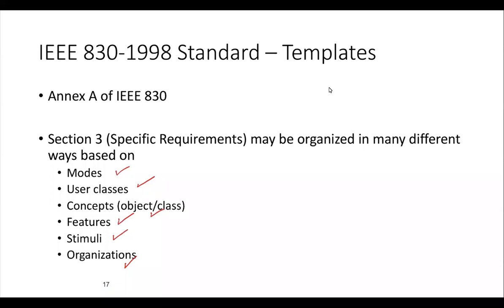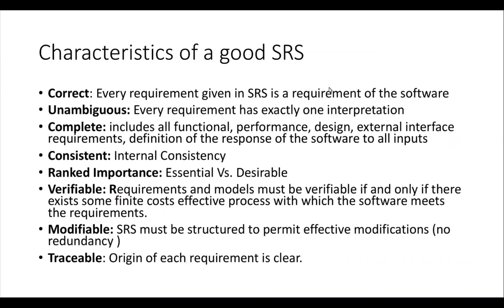After you have all the information in the SRS, including the introduction, the overall description, and the specific requirements, you may add more appendices and indices if necessary. But at the end, there are main characteristics that your SRS must satisfy to be considered a good SRS.